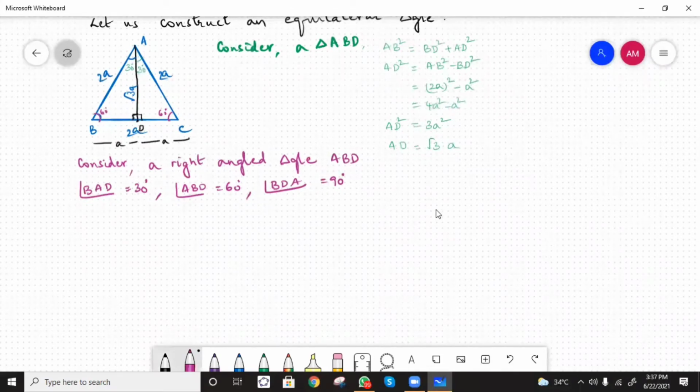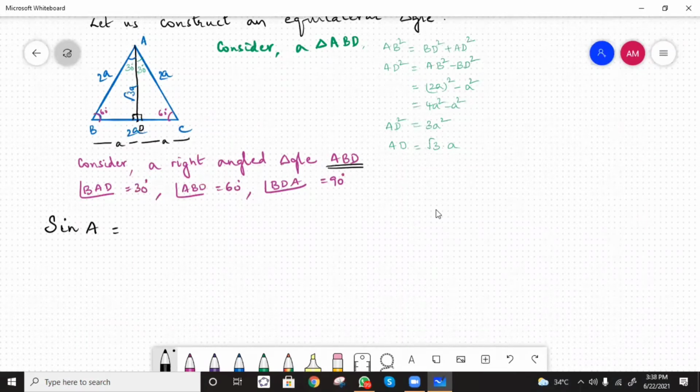So consider sine, let us take 30 degrees. So 30 means we have angle A. Sine A is equal to, in triangle ABD, remember that we are not considering the complete triangle, we are considering one congruent part, ABD.